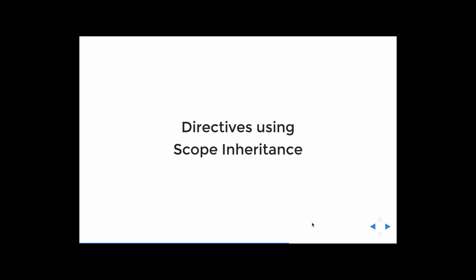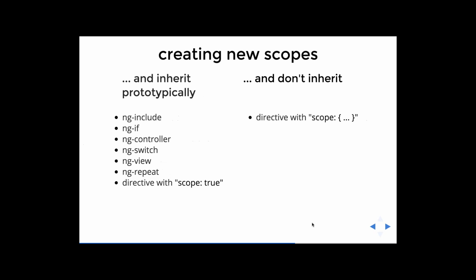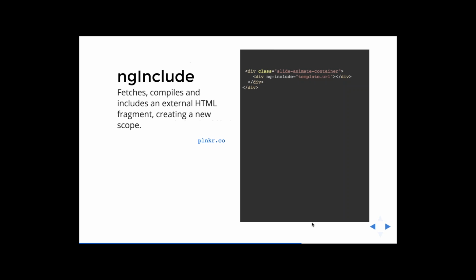So which directives are using this scope inheritance? We have different scope directives that all create new scopes. Some of them inherit prototypically from the scope, but the directive with the scope in brackets creates a new scope and doesn't inherit.